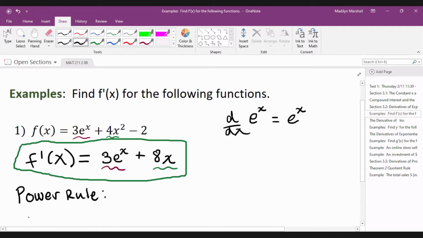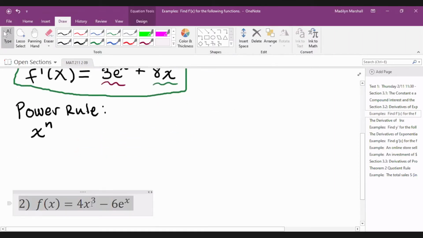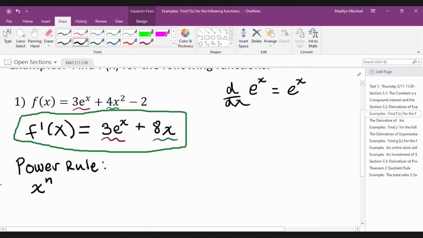So the power rule says that if we have f of x equals x to the n, then f prime of x is nx to the n minus 1.